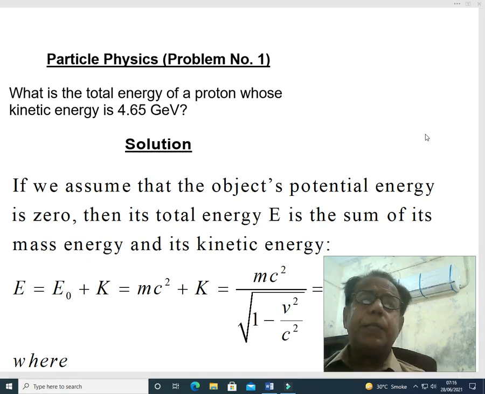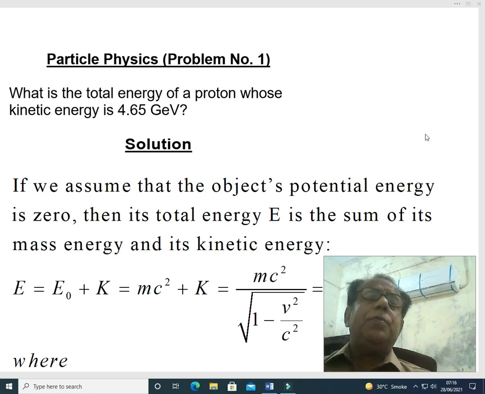The statement of the problem is: what is the total energy of a proton whose kinetic energy is 4.65 giga electron volt? Actually, the problem is very simple, but its calculation is slightly tough.